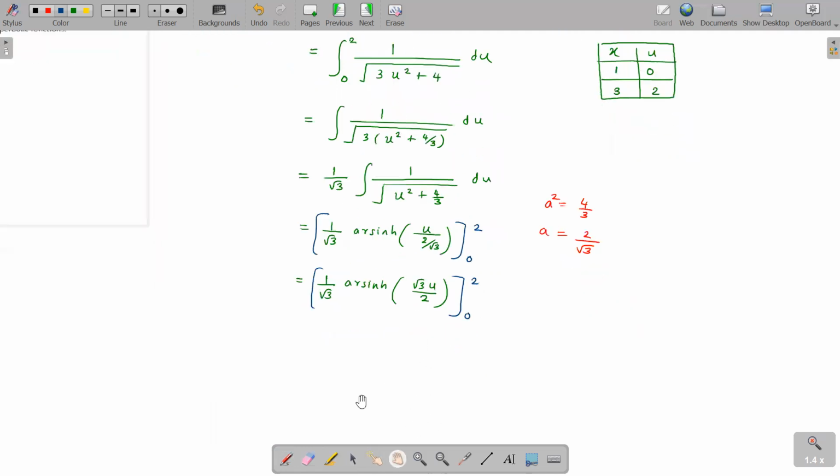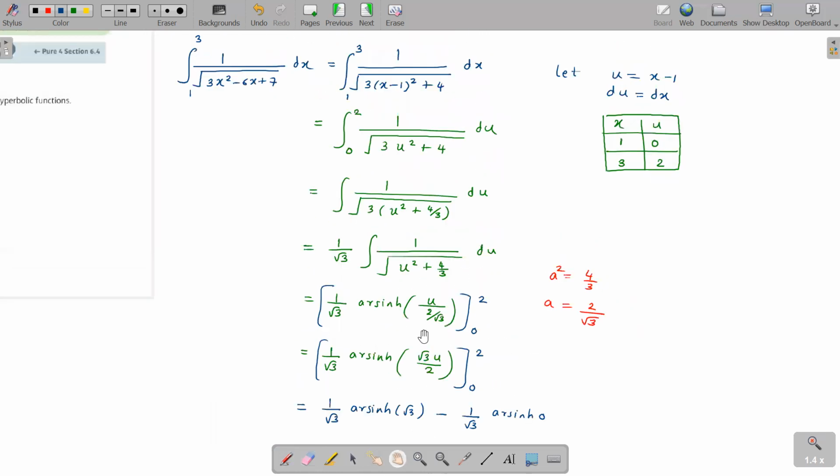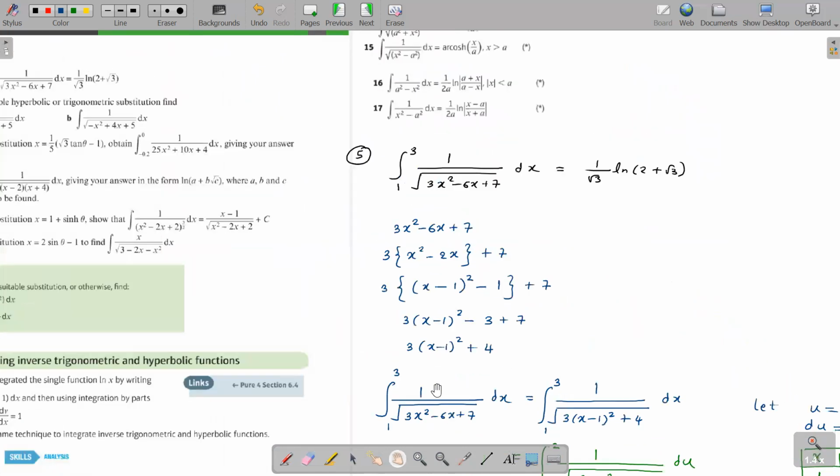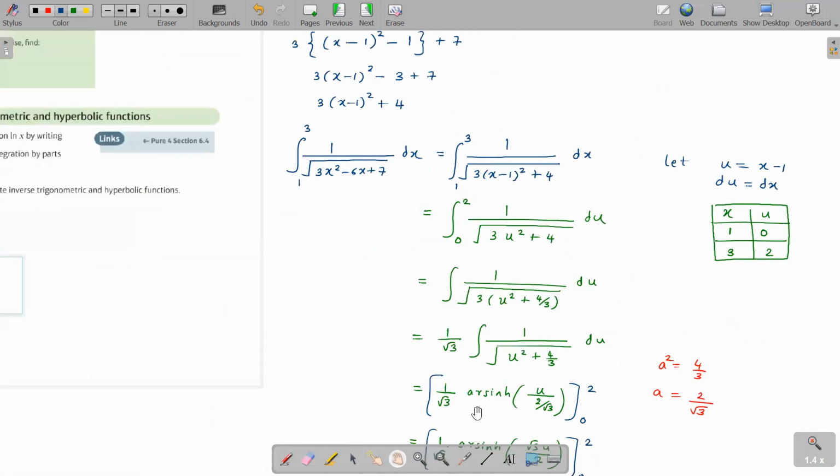Okay, let's input the values. 1 over root 3 arsinh(root 3 times 2 over 2) is arsinh root 3, minus 1 over root 3 arsinh 0. Okay, so I think we need to get the 'show that' here, right? 1 over root 3 ln(2 plus root 3).